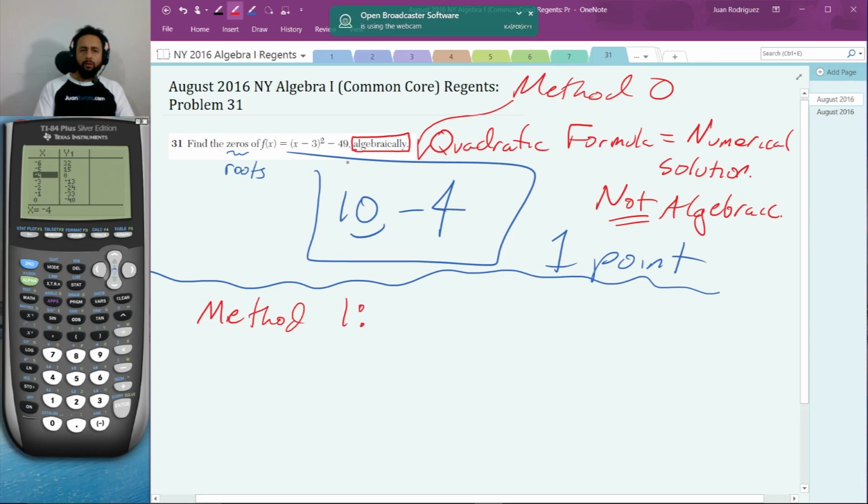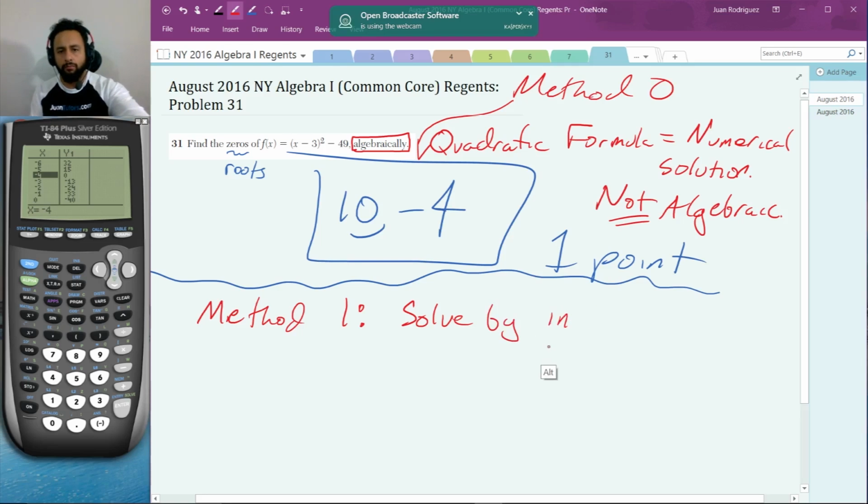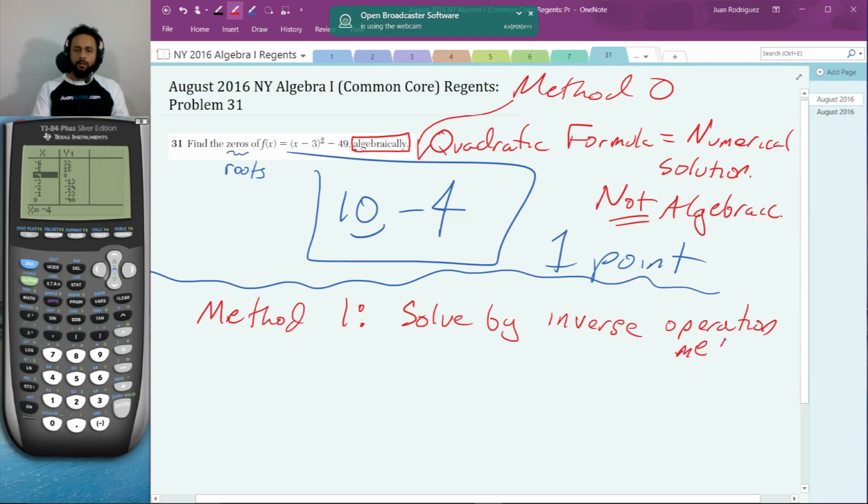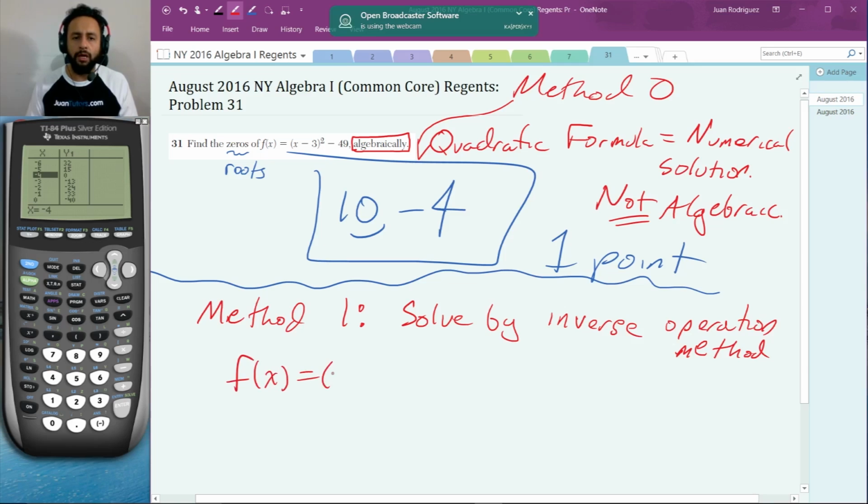We're going to solve it by the inverse operation method. The inverse operation method is the method that we use when the variable appears only once. So they want the zeros, meaning the roots. (x minus 3) squared minus 49 equals 0, right?